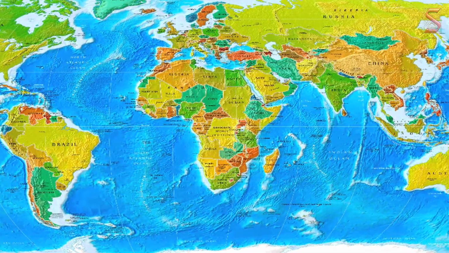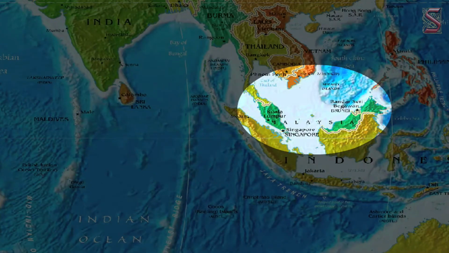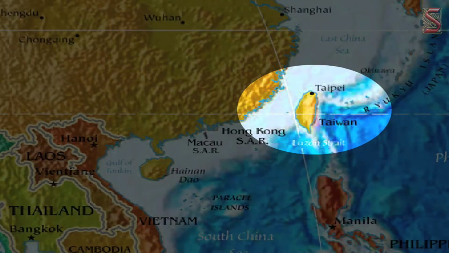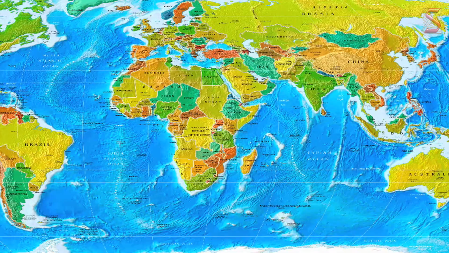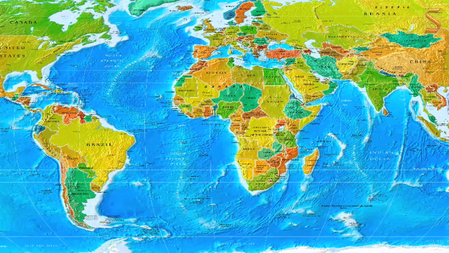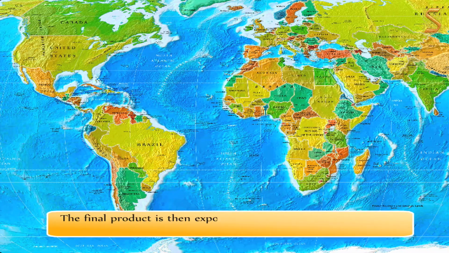Labor cost and cost of certain raw materials are cheaper in India, Malaysia, China and Taiwan. This results in reduced cost of production, which will result in better profit for the company. The final product is then exported to the market where it will ultimately be used.